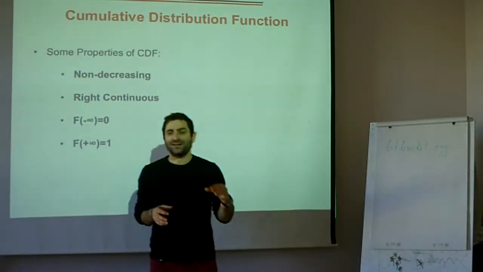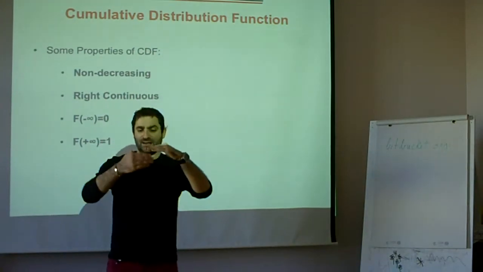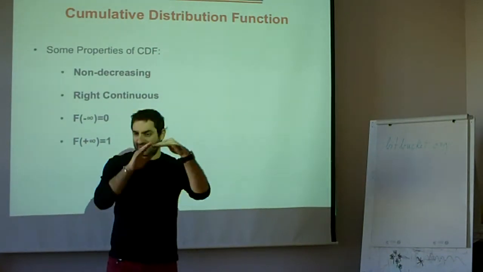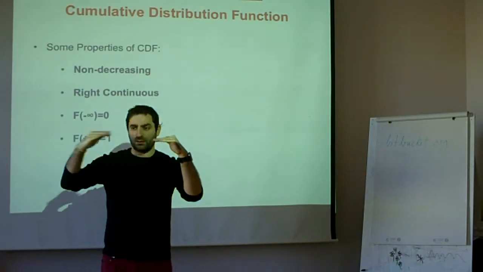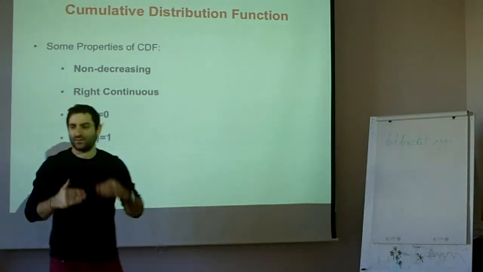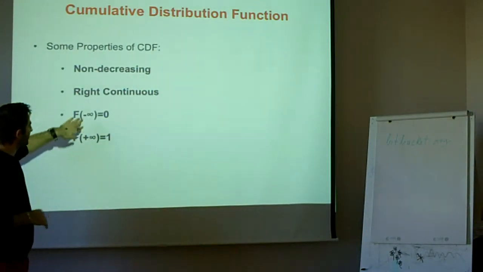Why? Because probability is either 0 or positive. And as the CDF is always adding the probabilities, either the value will be the same because we are adding 0 probability, or we are adding a positive probability, which means it will increase. Probability cannot be negative. In other words, CDF cannot decrease.